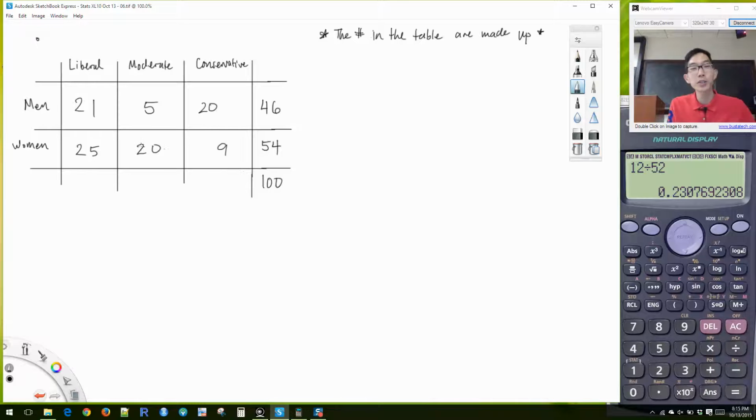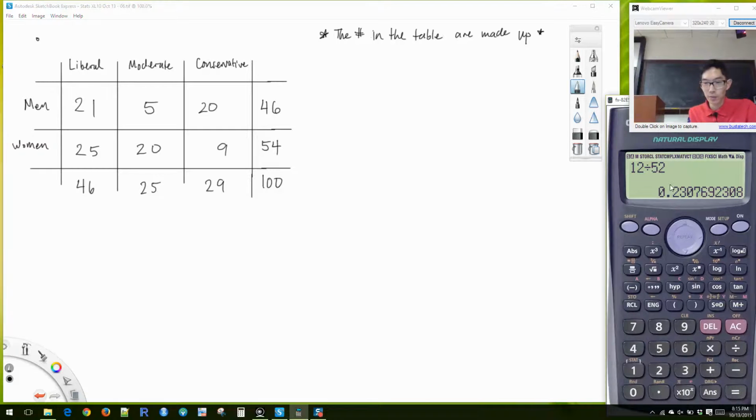But we can use this to answer questions about probability. So how many liberal people do we have? 46. We have 25 people who are moderate and 29 people who identify as conservative. Let me just make sure this adds up correctly. Good, that adds up to 100. And so I could then ask a question like this.